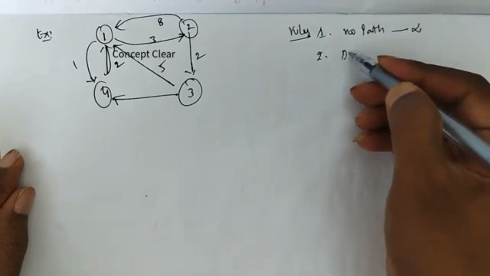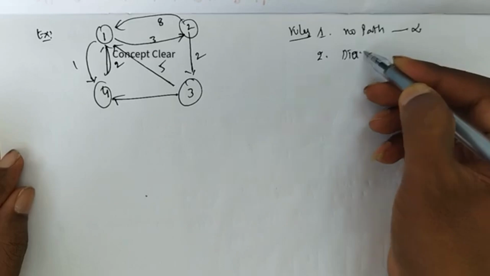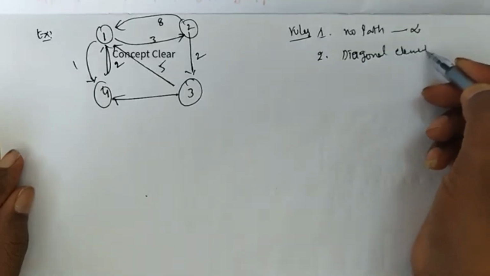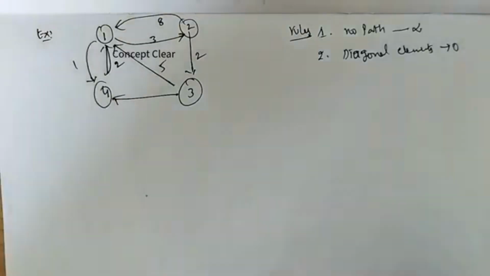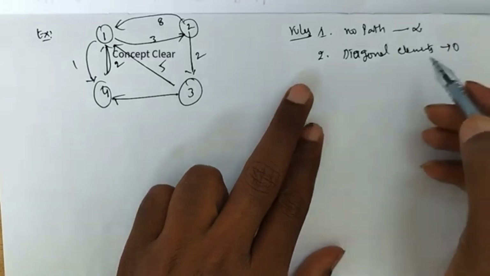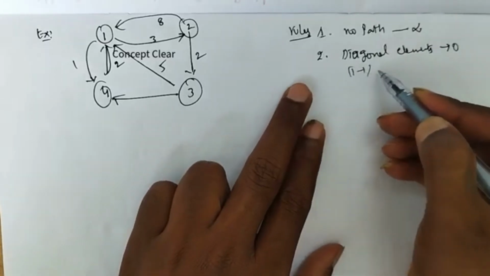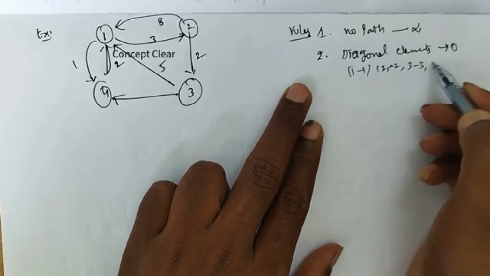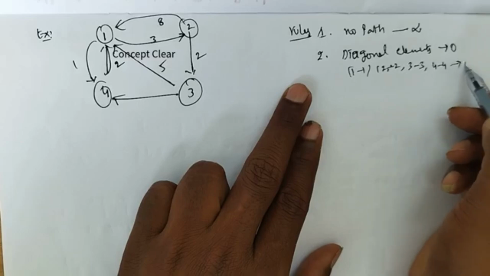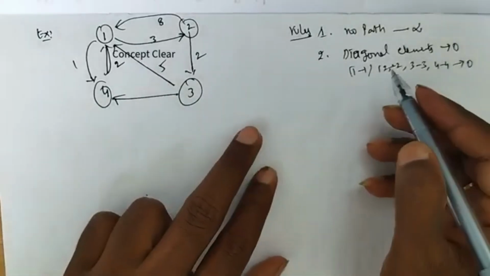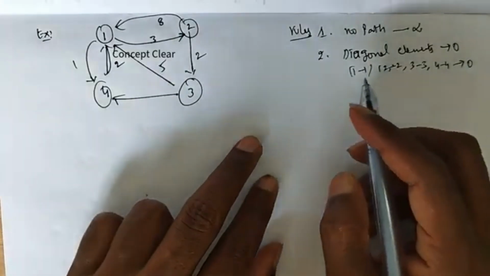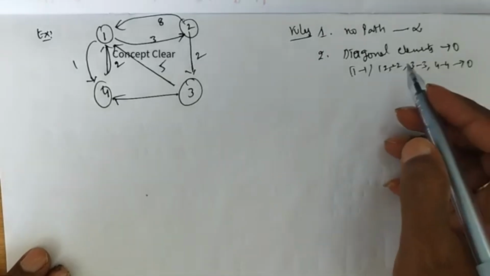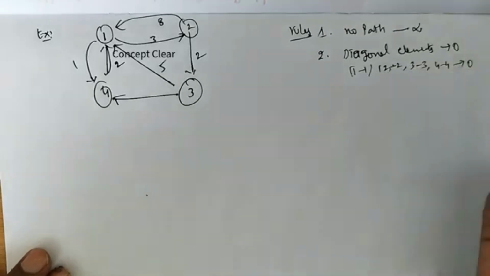The second rule is all diagonal elements I have to consider 0. What is the meaning of diagonal elements? 1 to 1, 2 to 2, 3 to 3, 4 to 4. These are all zeros. And the third rule is no edges means no path.